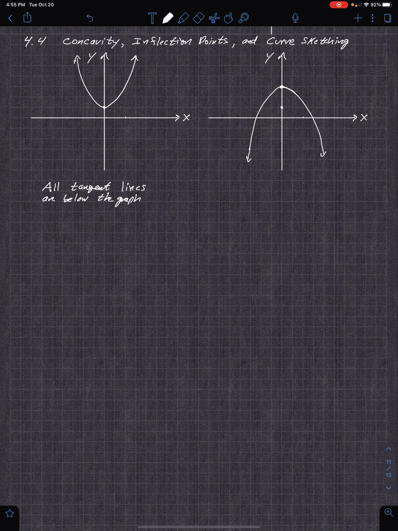So if you draw in tangent lines like this, you can see that they're all below the graph. Do another one here, right? It's not going into the graph in any way. You could do a horizontal one.